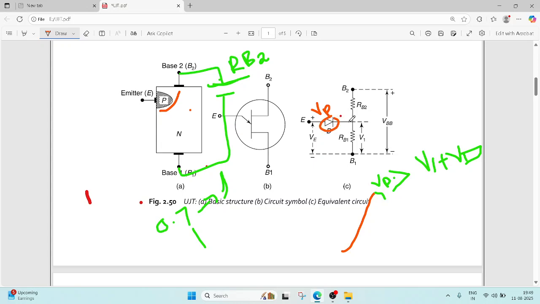This Vp value is greater than this V1 value. The diode becomes forward biased, and now the current flows through the diode.